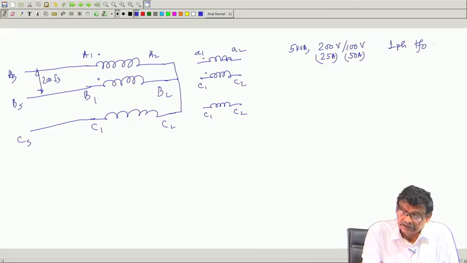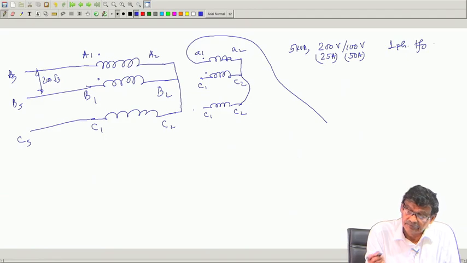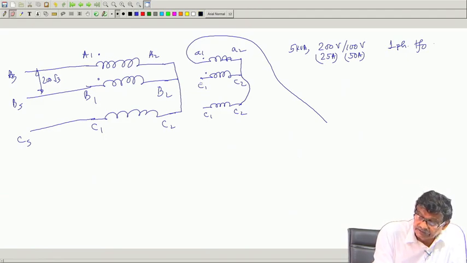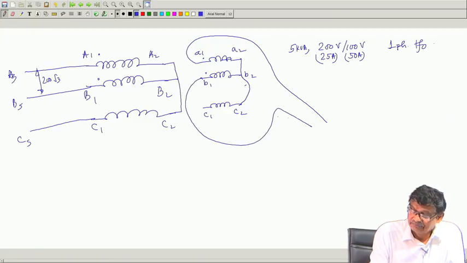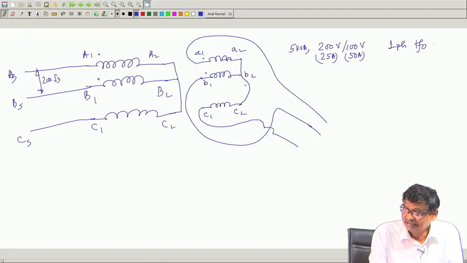And what I have done is I have shorted this, and I have taken output here. I am so sorry, here I made a mistake, this is B, so A, B and C, these are my output terminals A, B, C, where 100 into root 3 you will get line to line.